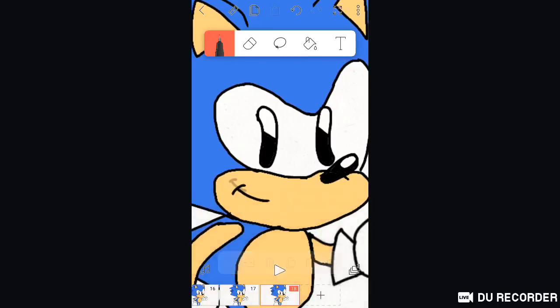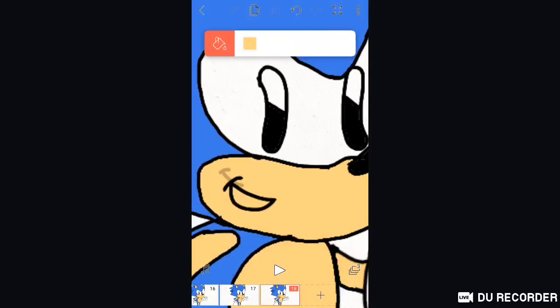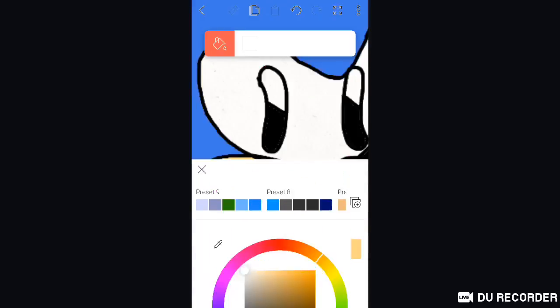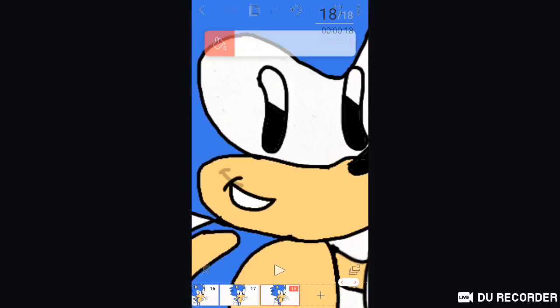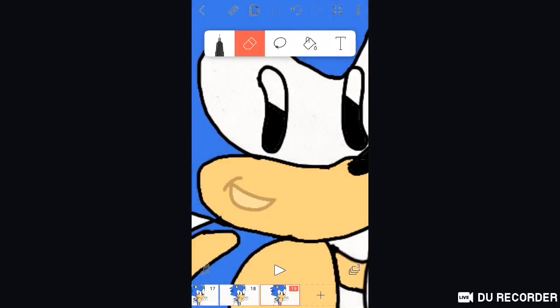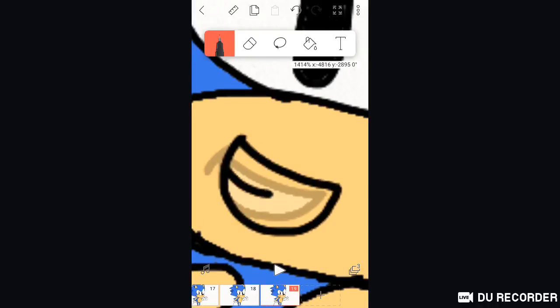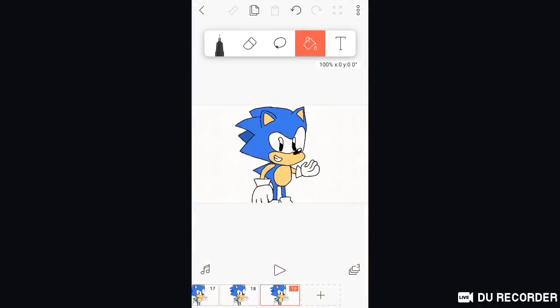If you're doing a teethy smile, I'm going to color that in. Teethy, that's not even a word. What am I saying? And just keep making this smile each frame. That should be good.